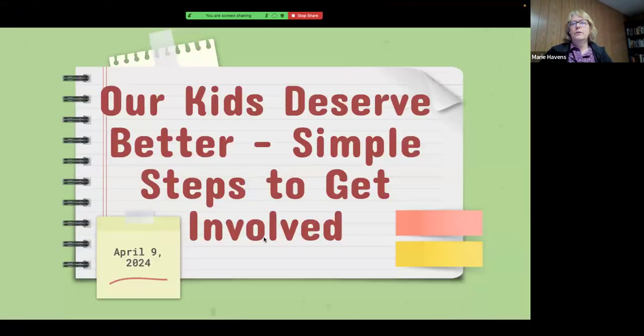I think one of the challenges is that the school decides how they want it to run and how they want to schedule it, but they're not really thinking about what the parents' needs are. How can we get parents involved in a way that works for them?